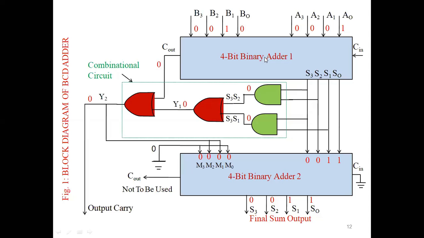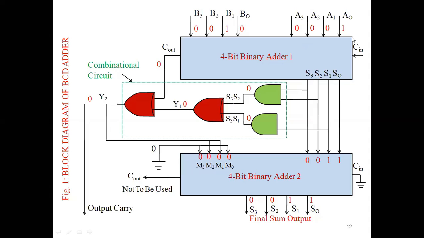So the S3 S2 S1 S0 values come from the addition performed here, and the result is passed as S3 S2 S1 S0 values. So add B0 and A0: what is 0 plus 1? 1.